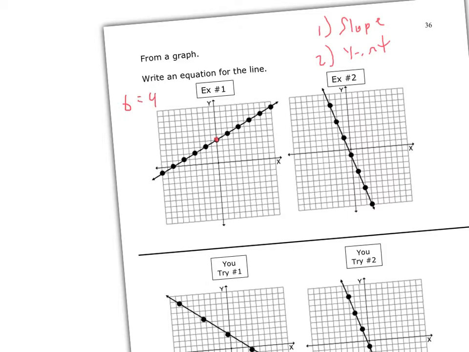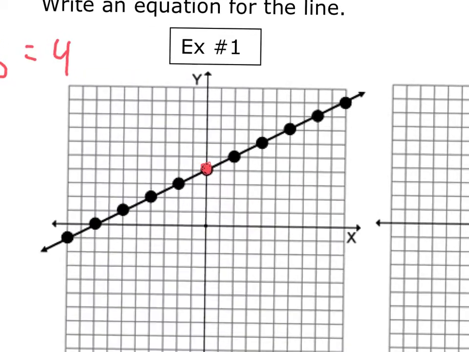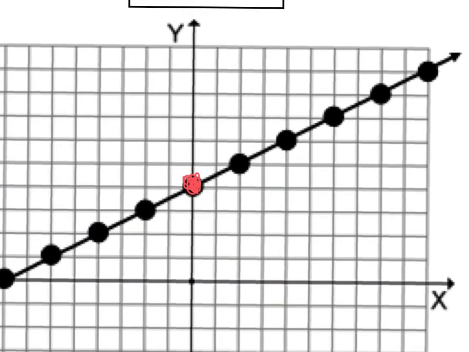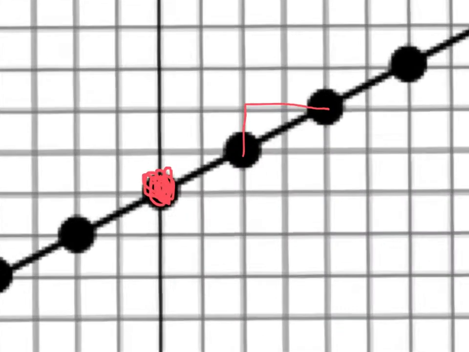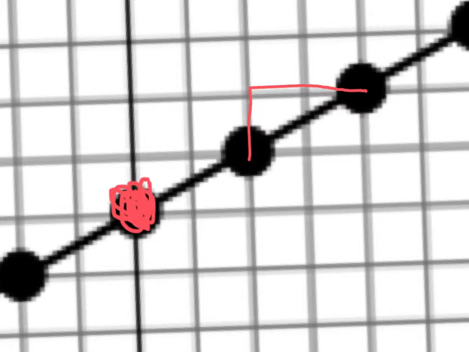And our slope, we know, is our rise over run. So how much do I have to go up to go from one point to the next? It looks like you have to rise 1 and run 2.